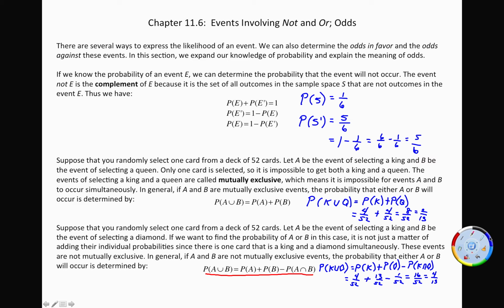Because if 2 events are mutually exclusive, the probability of A and B equals 0, just like the probability of getting a king and a queen on one card, that's 0. So I can plug in here and I'll just subtract 0 to give me the exact same answer. But here's a formula that we need to write down somewhere and memorize before the test.